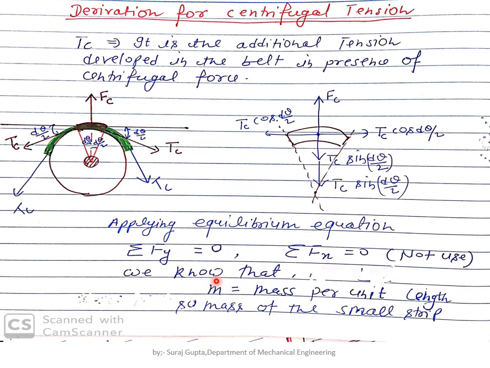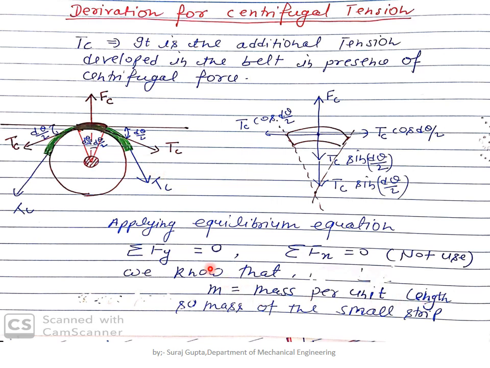So what is the mass of this strip? If in 1 meter the mass is 0.5, what is the length of this strip? This is an arc, this is the radius, and this is dθ. So the length is r dθ.